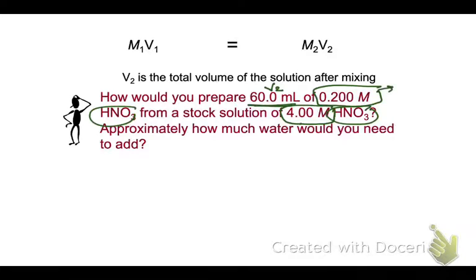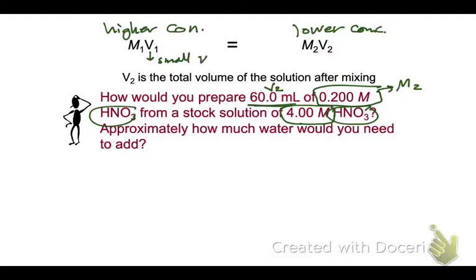0.2 is your final molarity, which is normally the lower concentration. Here is the lower concentration, and here is the higher concentration, which means this is normally the small volume, and this here is the large volume.